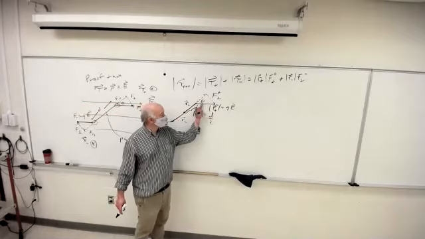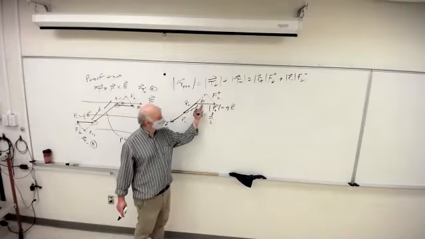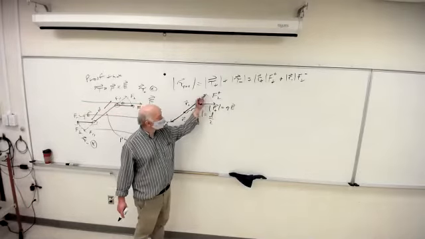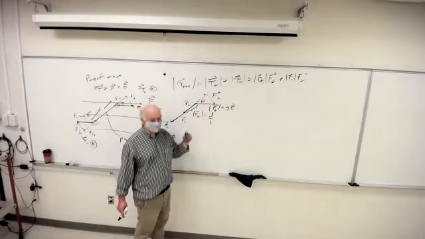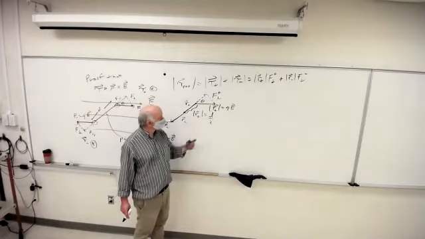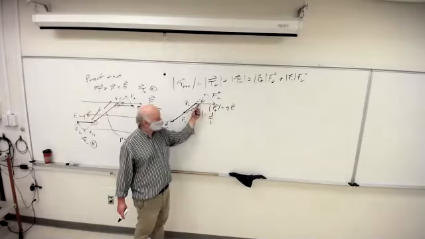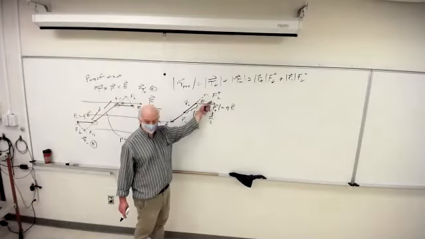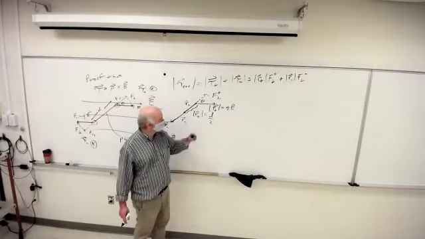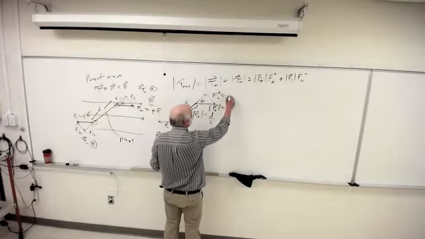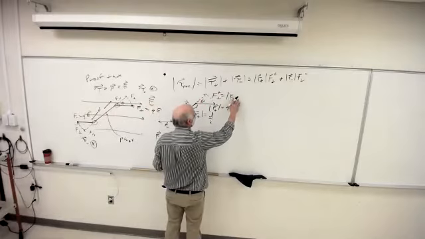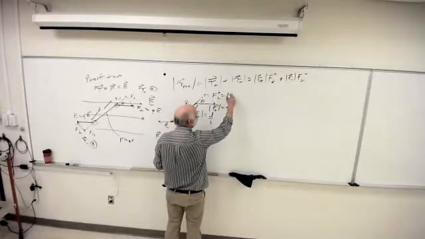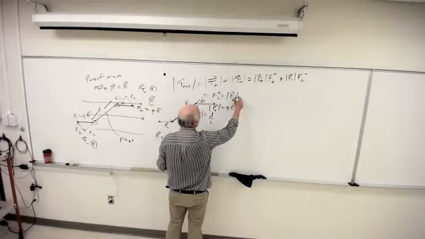It'd be this side times... I need this. This is the hypotenuse. Here's my angle. This side is the opposite because it's opposite that angle. So this side here is your F positive, force on the positive charge, times your sine theta.